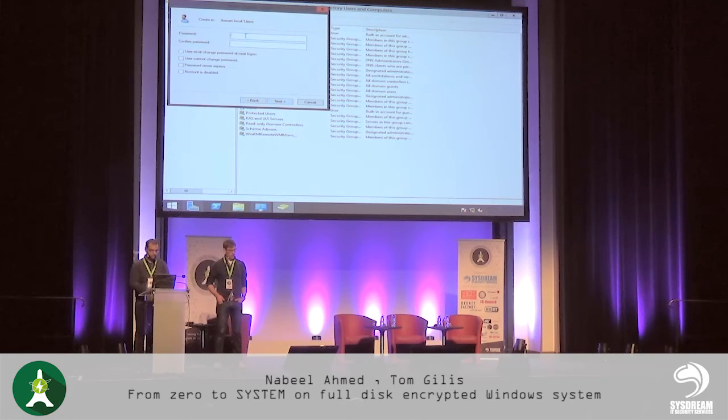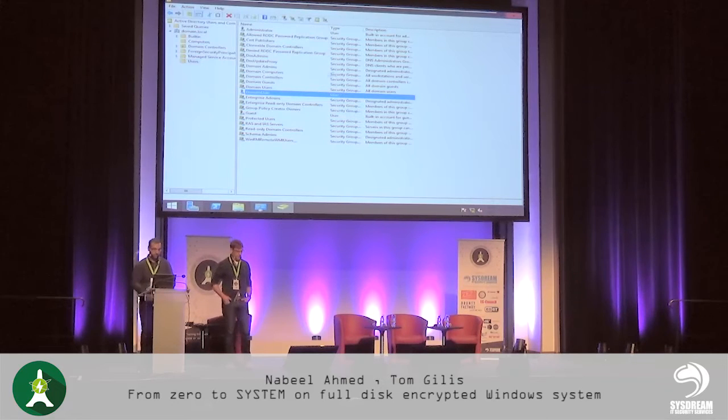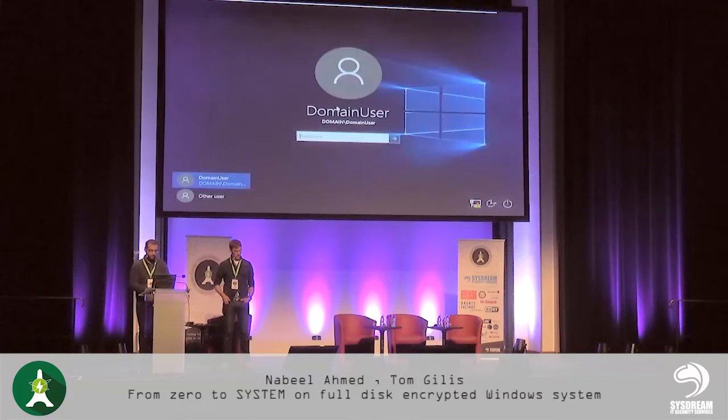Just to demonstrate, we did the password test. If you set a very low password policy, a very easy one just for demonstration purposes, because it's your control, it's your domain controller, you can do whatever you want with it. So we created a user just to demonstrate what happens when you just log in with the password.